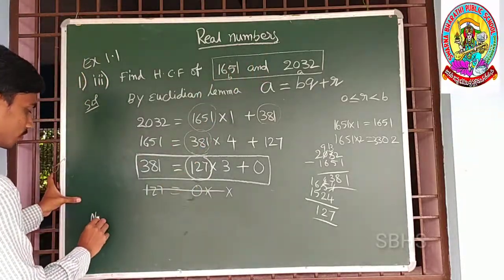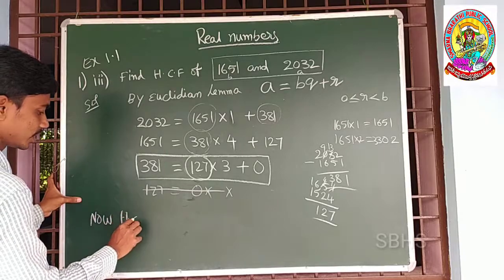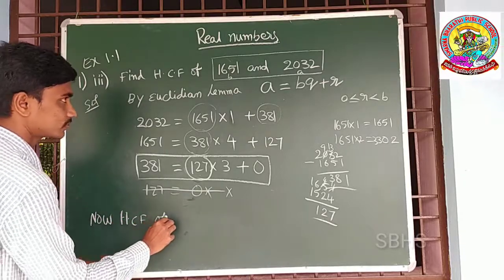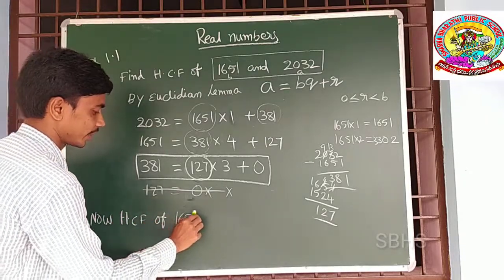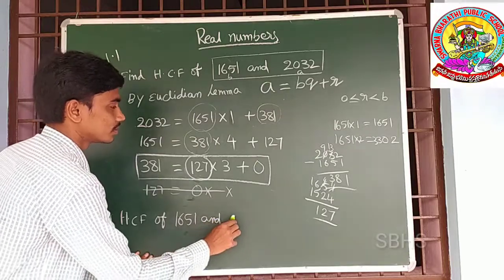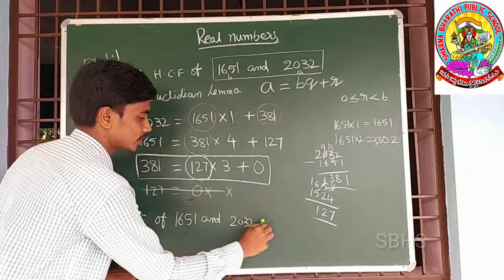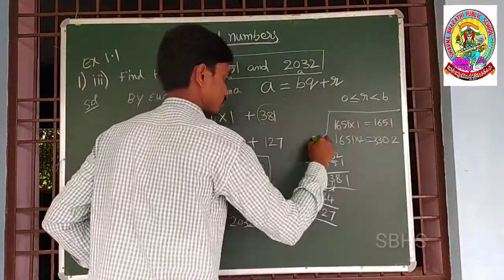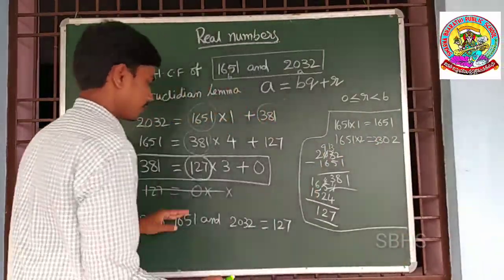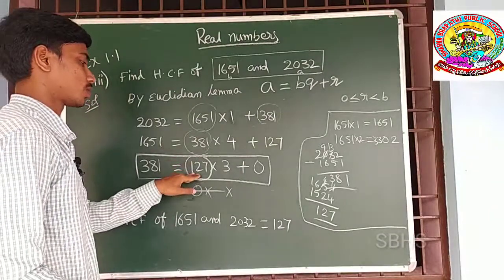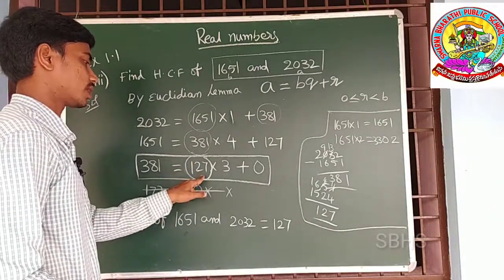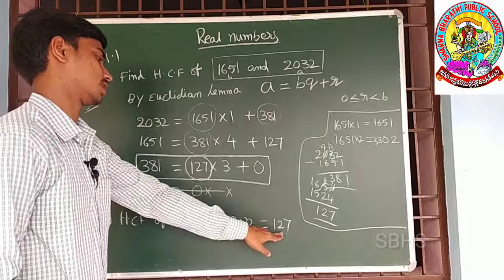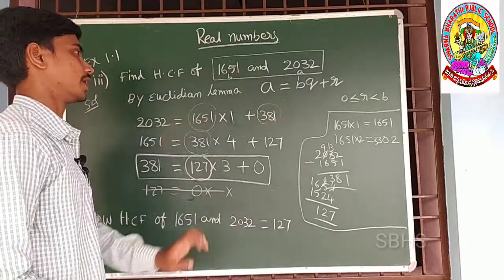Now HCF of 1651 and 2032 is equal to 127. Where the procedure stops, that step gives the answer of the HCF of the given numbers.